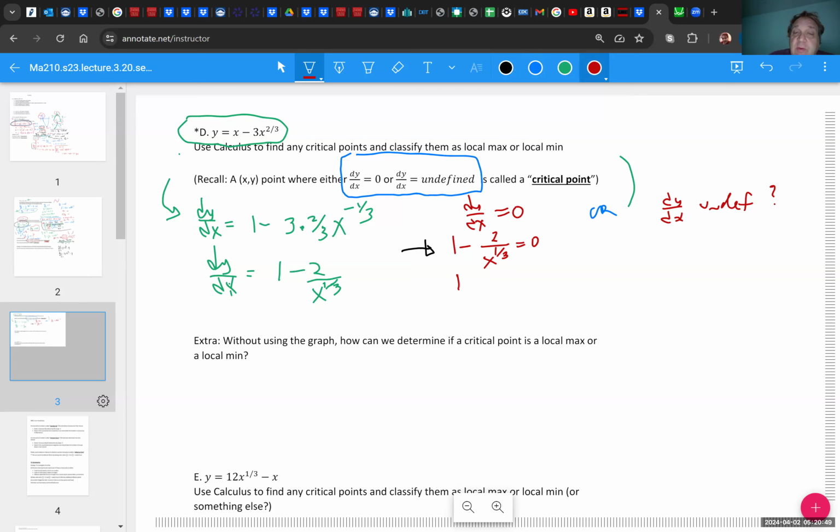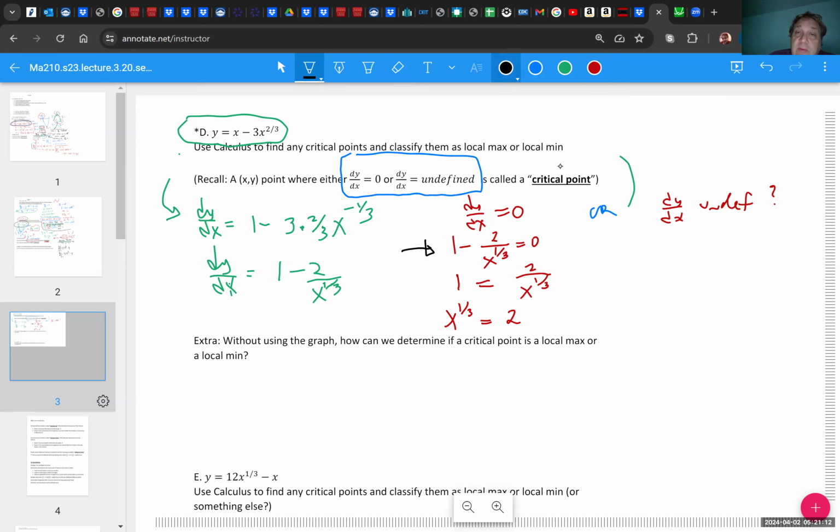Typically, I think students want to put the x's on one side and the non-x's on the other side. And you can do this in different ways. I'll do maybe a more traditional way by adding to both sides and multiplying both sides. We get something like x to the 1/3 equaling 2.